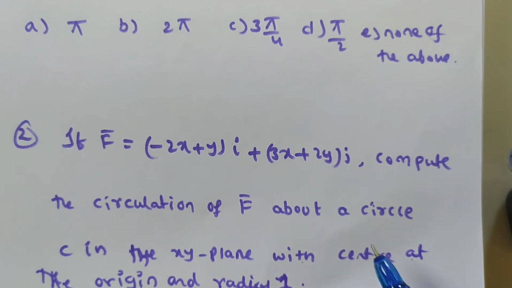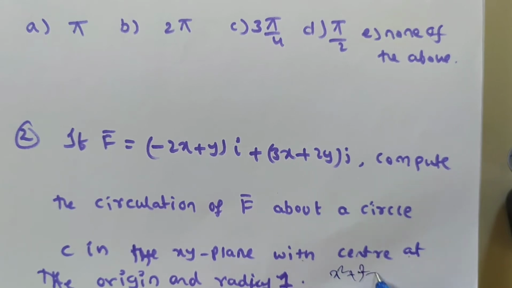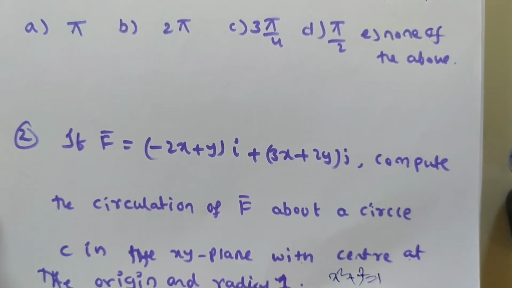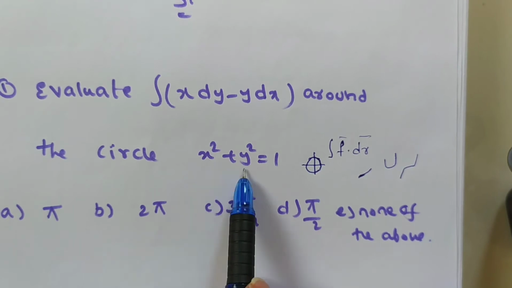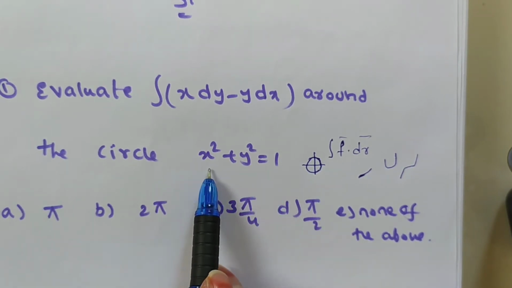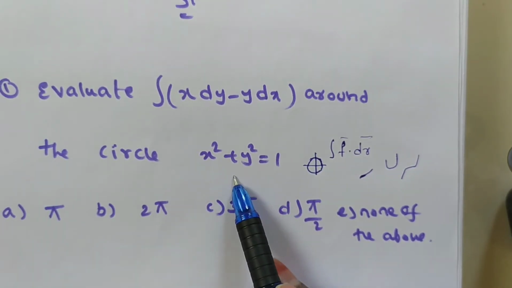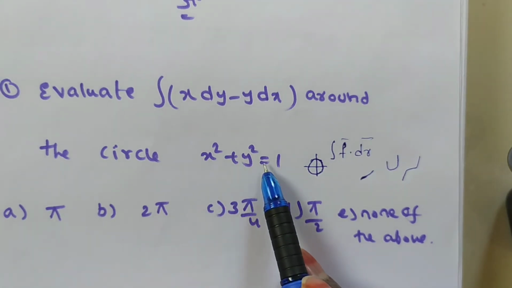Radius 1 is nothing but the unit circle, x square plus y square is equal to 1, like the previous problem, in the xy plane with a center at the origin and radius 1.